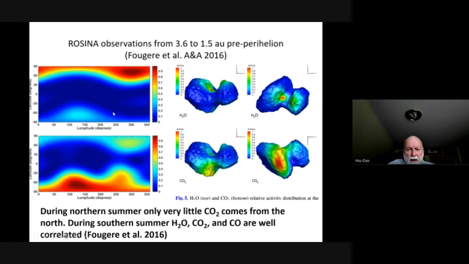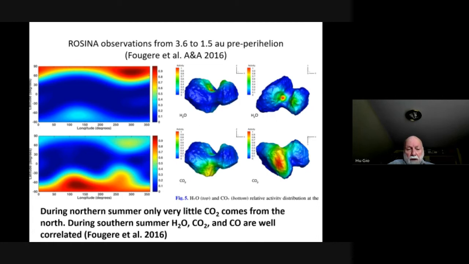The south was not illuminated or very barely illuminated, therefore no water production, but the CO2 production was concentrated on the south and hardly any CO2 on the north. And this goes along with the fact that the north is covered essentially by fallback material, and this fallback material is more or less depleted of CO2.